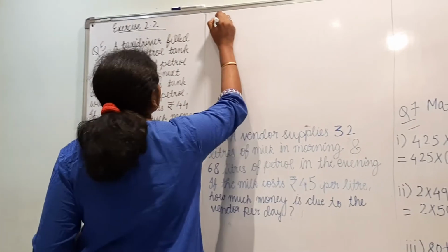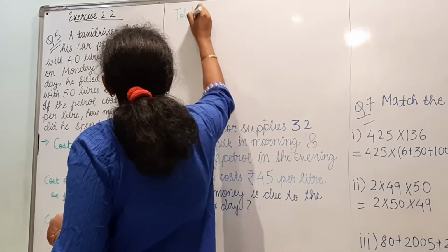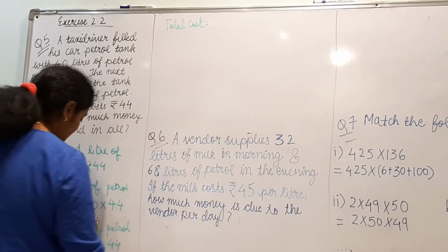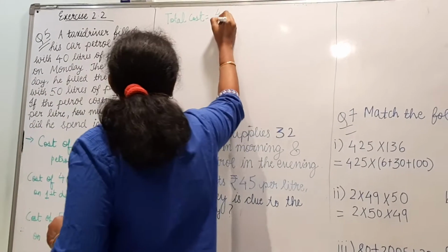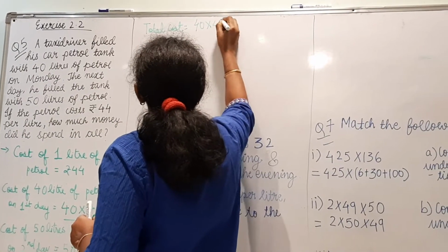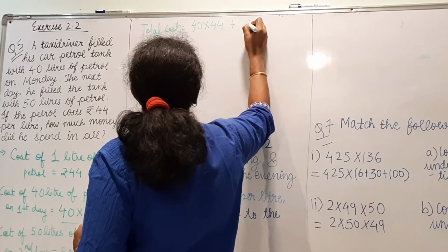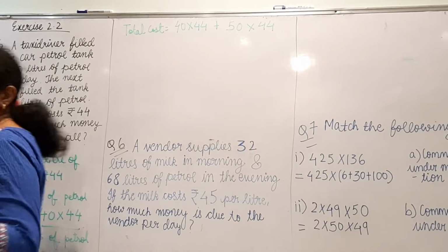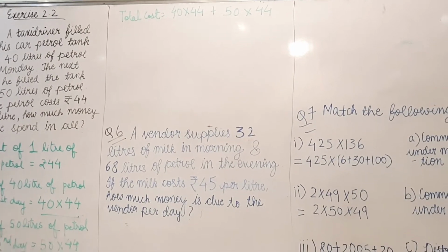So here we write total cost, that is first 40 into 44 plus 50 into 44. Now can we use the distributive property here? Yes.